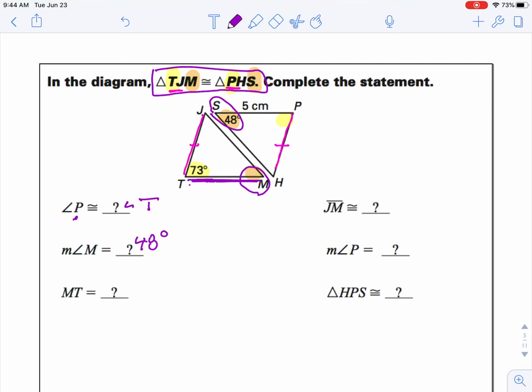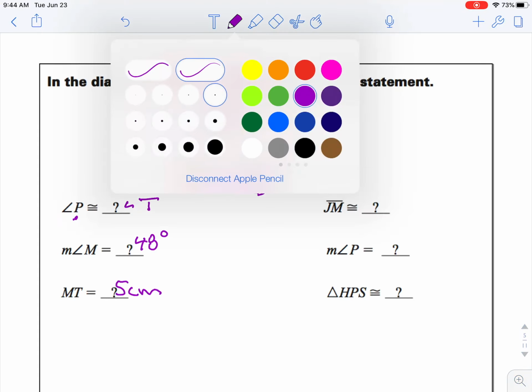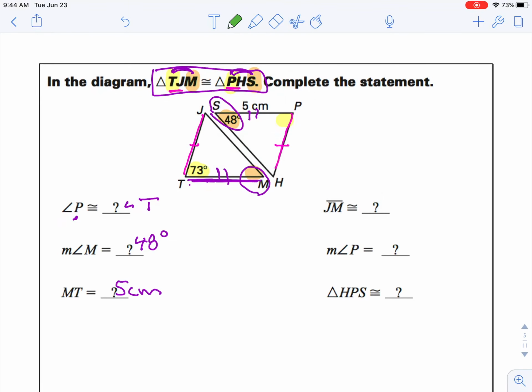Well, MT is corresponding congruent right here to PS. So PS is 5 centimeters, so is MT because of that congruent statement. Now I can say that this is 5 centimeters. Okay, the next question is asking JM is congruent to what other segment?